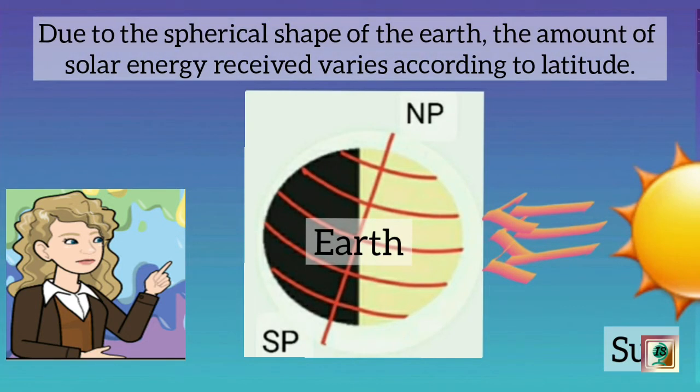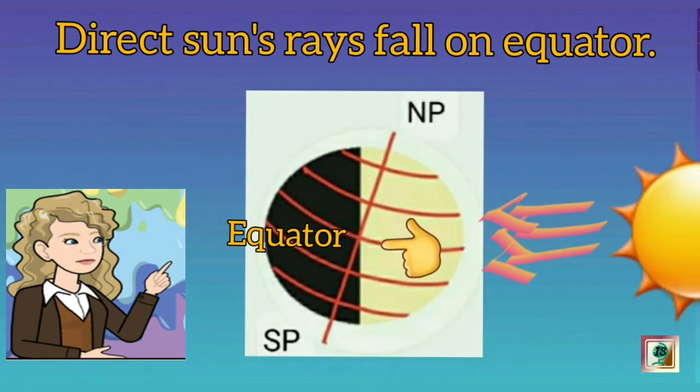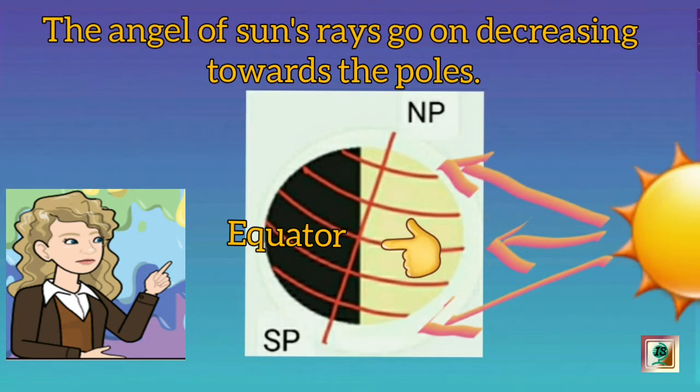But due to the spherical shape of the earth, all the parts of it do not receive same amount of heat. Maximum heat is received near the equator because direct sun's rays are falling near the equator, whereas the angle of sun's rays go on decreasing towards the poles.